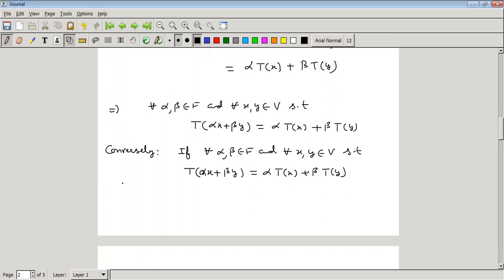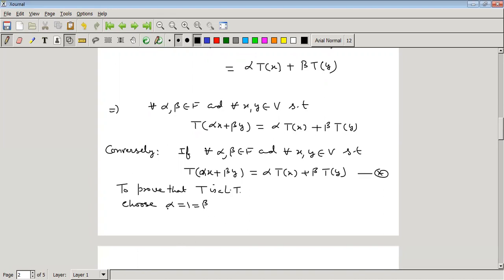So now our goal is to prove that T is a linear transformation. Let this be star. Choose alpha equal to 1 equal to beta.